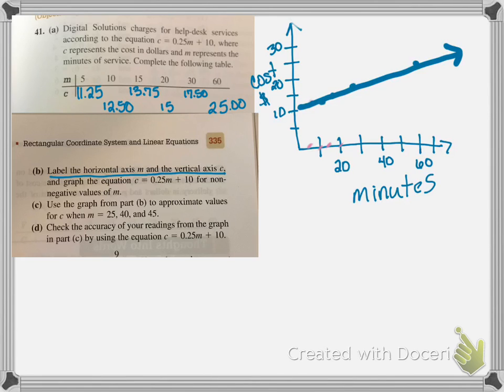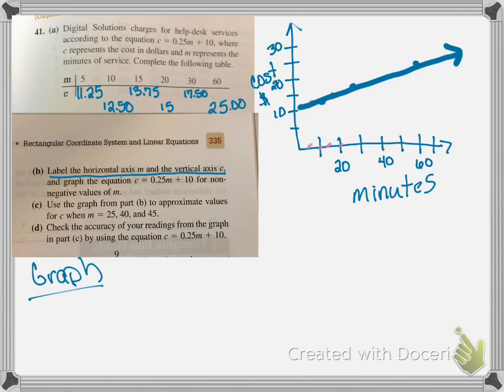Now, when we use the graph to approximate the costs, we are still guessing. The graph gives us an overview of what it's going to cost. So what I'm being asked to do in part C is use the graph from part B to approximate values for C. So we are approximating.